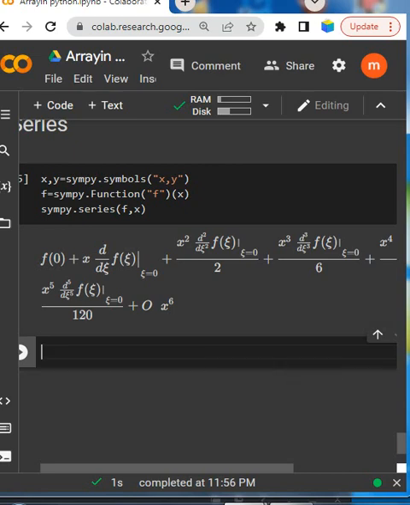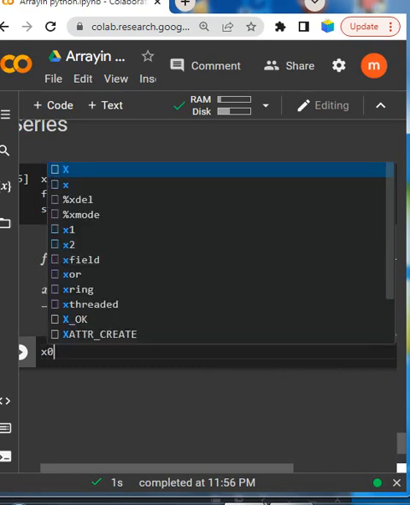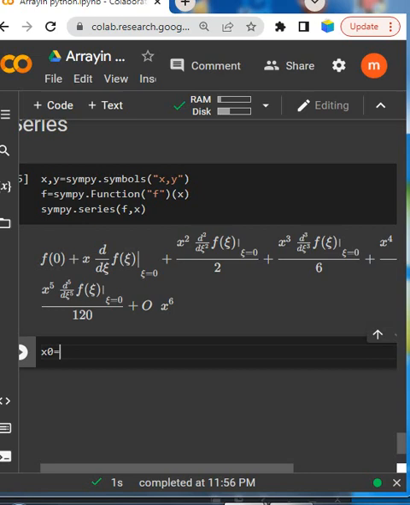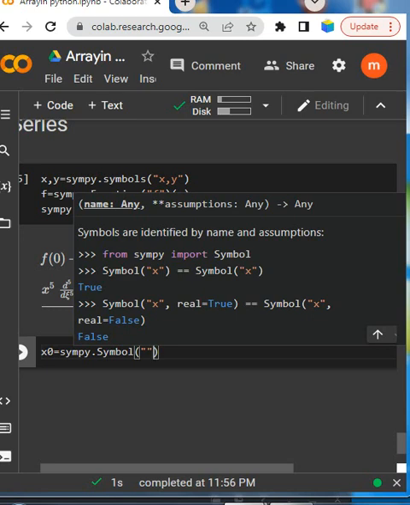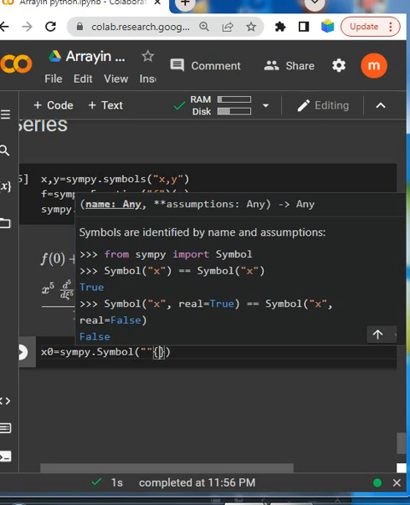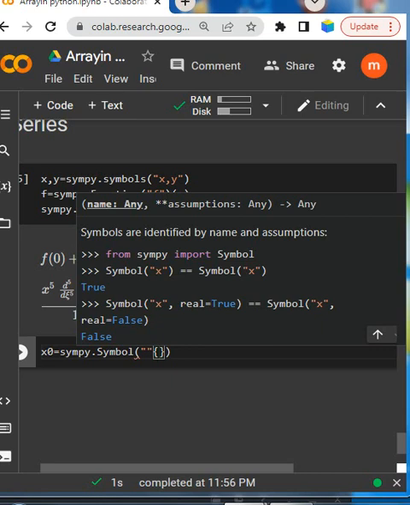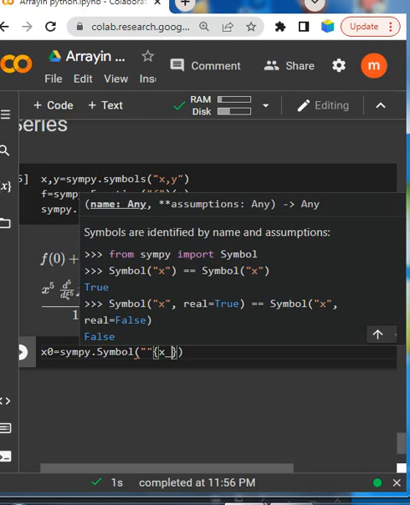So if I write x0, you can say x0 will be equal to Sympy dot symbols, because I am using a single symbol, as a capital S, and now parenthesis inside of this, then curly brackets, and now I am going to write x underscore 0.